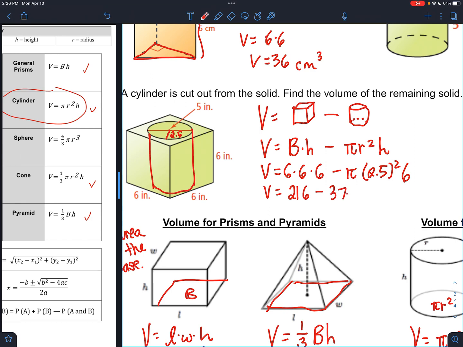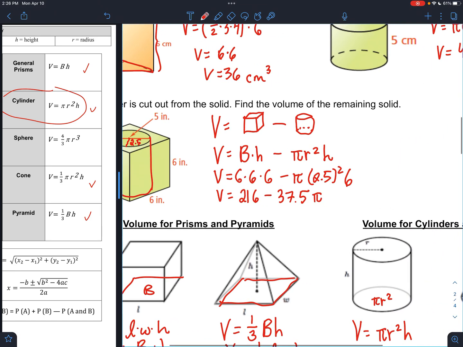You got to double check me here. When I squared that number and then multiplied it times 6, that's what I got. And then the answer, which you probably want to put in a decimal, because one of the parts has pi, one of them doesn't, I got 98.2 inches cubed from that.